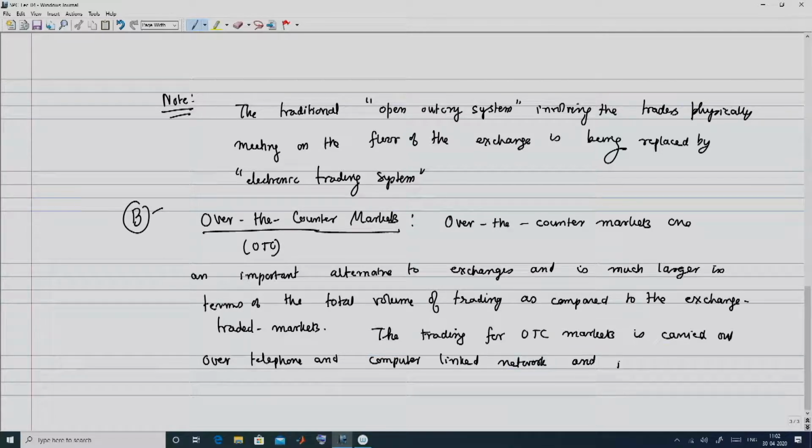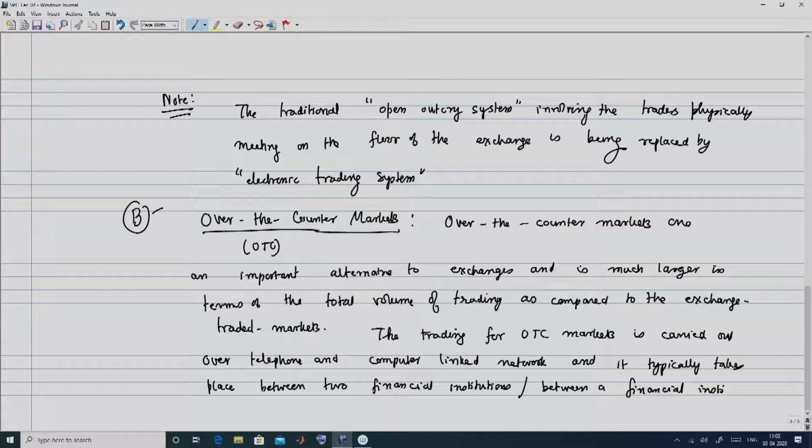So, any trading on an OTC market typically takes place between two financial institutions, or between a financial institution and one of its clients, and the client could be such as a fund manager or say a corporate treasurer.